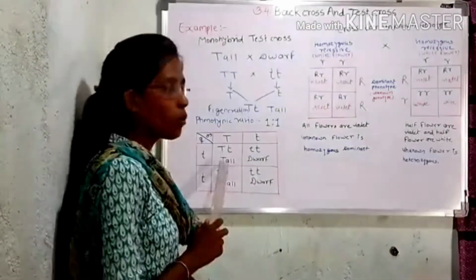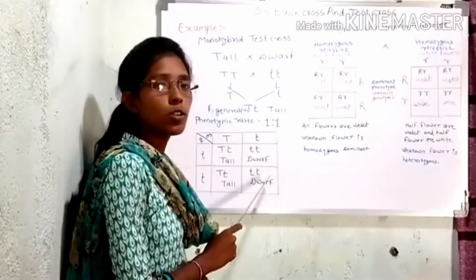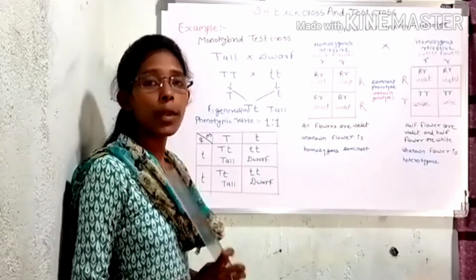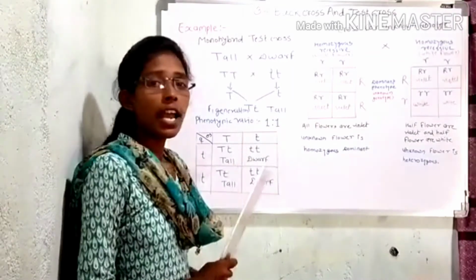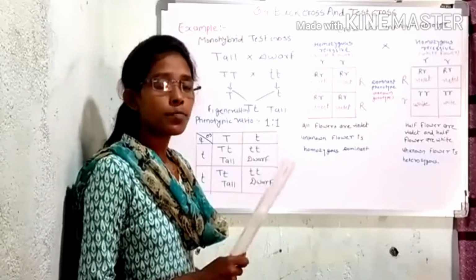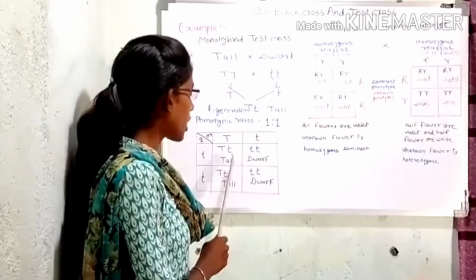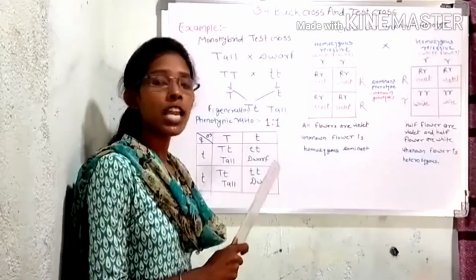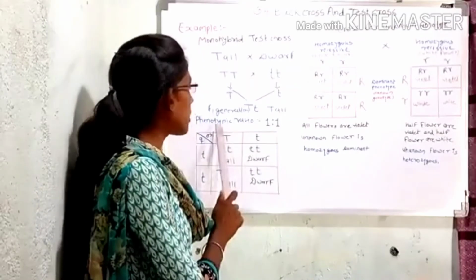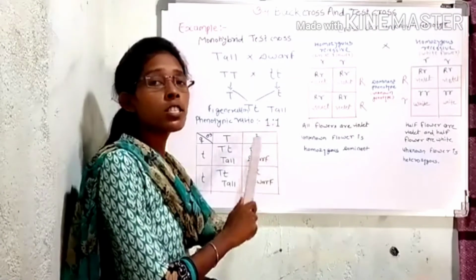After crossing, we get 50% tall plants and 50% dark plants. This is because the recessive parent has only one type of gamete, small t, and the hybrid plant has two types of gametes, capital T and small t. Therefore, half of the progeny have the genotype capital T, small t, and half have the genotype small t, and this progeny shows the phenotypic ratio 1:1. That is called the test cross ratio.